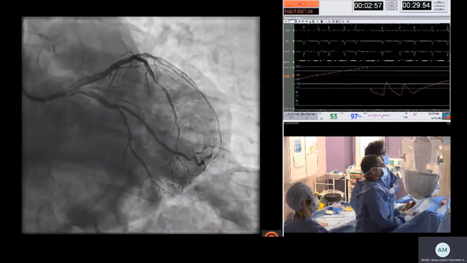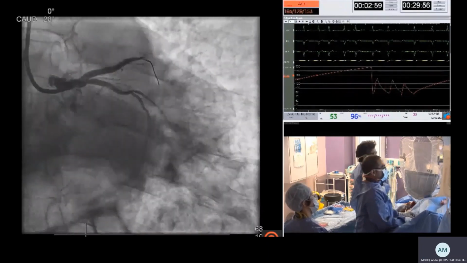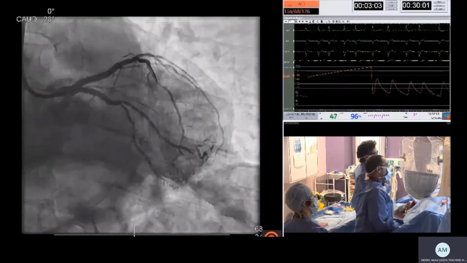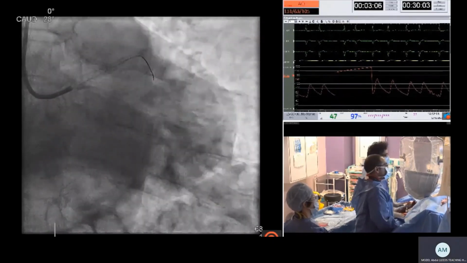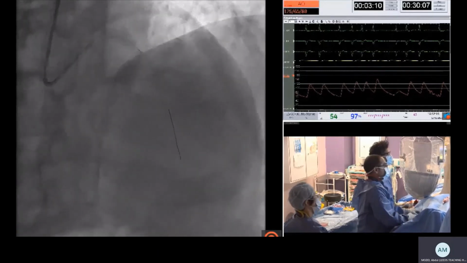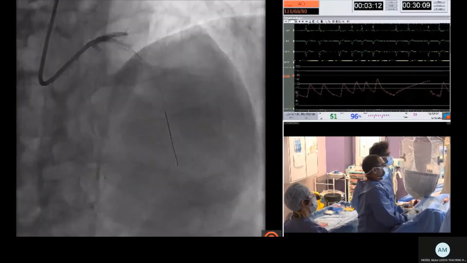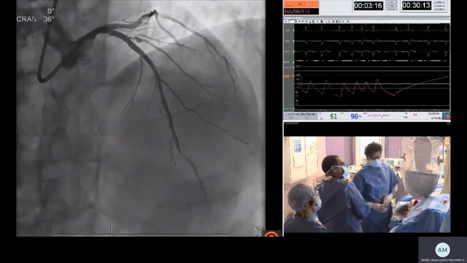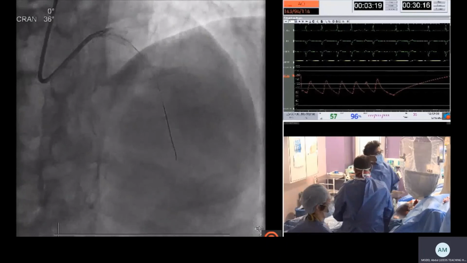This is the AP caudal view, showing excellent results with all branches patent, excellent expansion of stent. And again, this is finally the AP cranial view, again showing excellent result with patent diagonal vessel. Thank you for joining us for this case presentation.